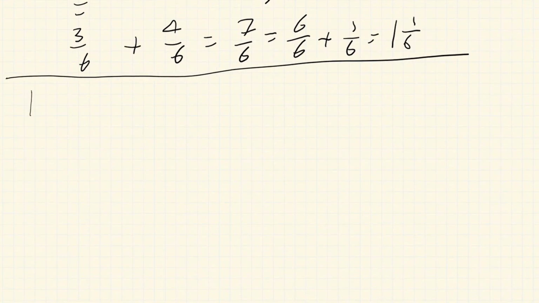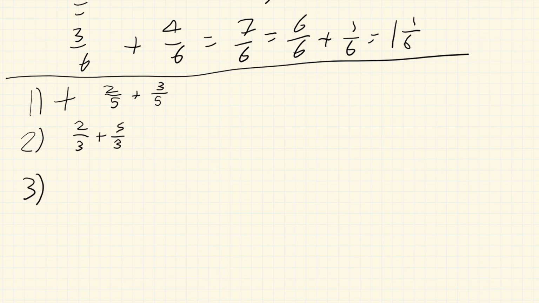So question 1. On basic addition, what is 2 divided by 5 add 3 divided by 5? Number 2. This is a mixed numbers question. What is 2 divided by 3 add 5 divided by 3? Question 3.